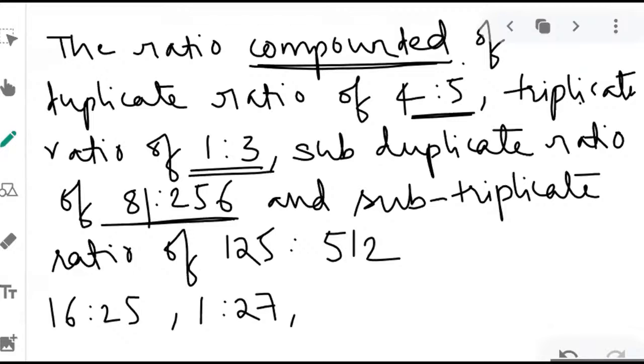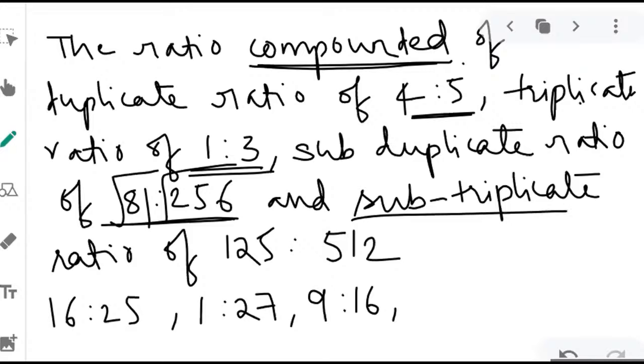Subduplicate means square root, right? 9 is to 16. And subtriplicate ratio of 125 is to 512. That is cube root. 5 is to 8.